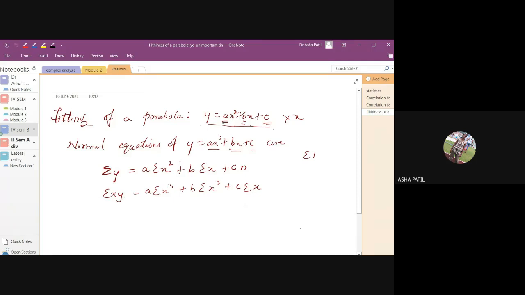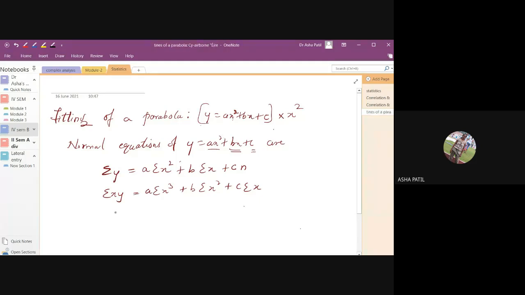But you can see that there are three constants here, whereas in the straight line we had only two constants, and hence we went for only two normal equations. Here we have three constants, so we need three normal equations. To get the next normal equation, we multiply this equation by x square and then take the summation.